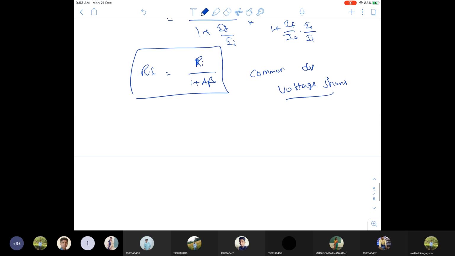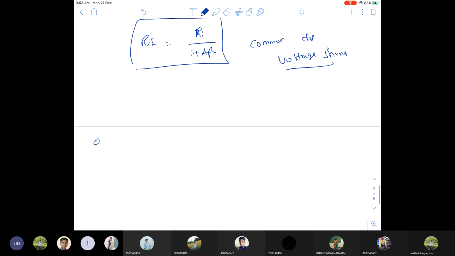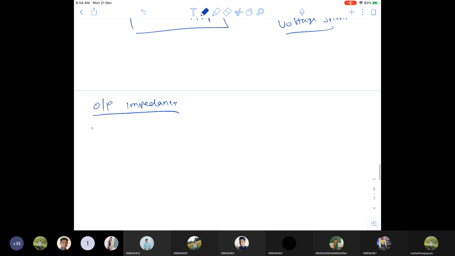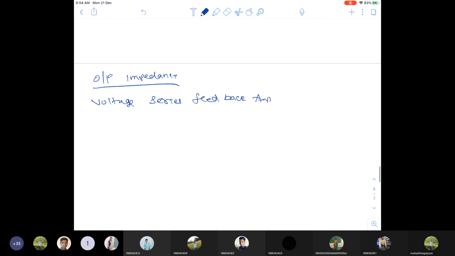Now let us come to the first actual topic, that is output impedance. First, let me calculate it for the voltage series feedback amplifier.